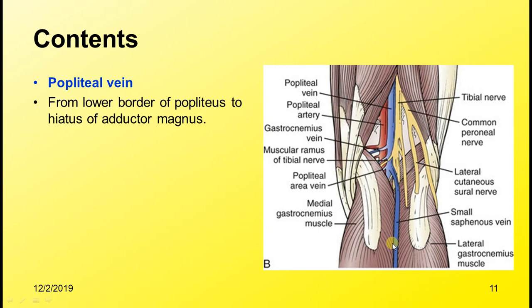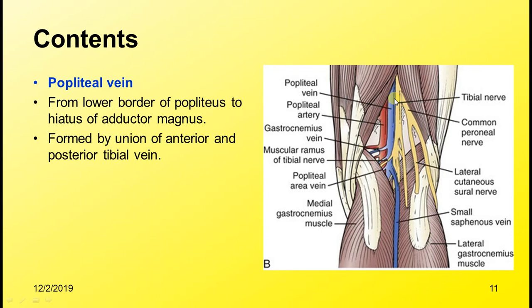They are not a single venous trunk. Instead, anterior and posterior tibial are deep veins in the form of venae comitantes. They unite at the lower border of the popliteus to form the popliteal vein, and they extend up to the adductor hiatus magnus, and it continues as the femoral vein.